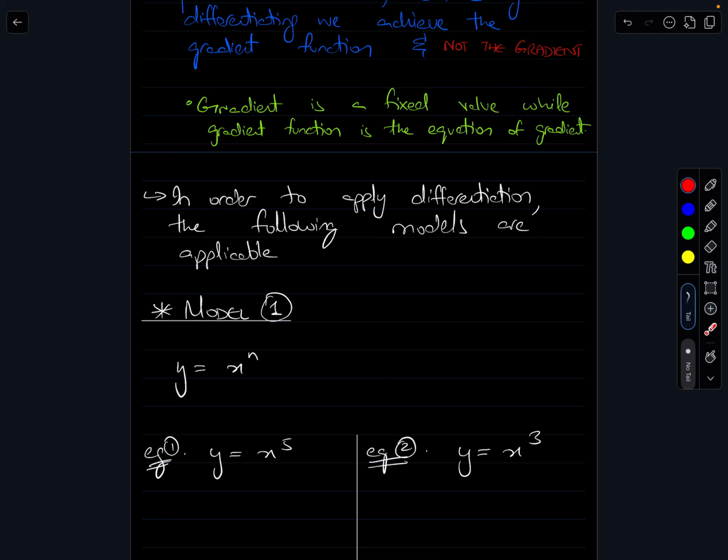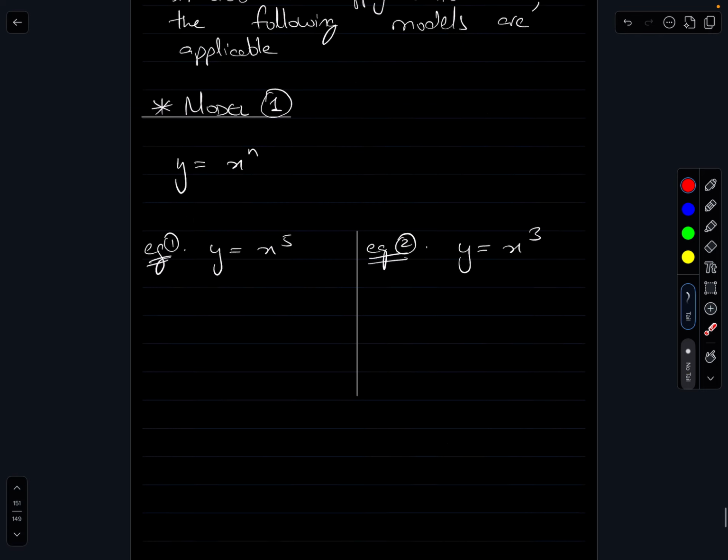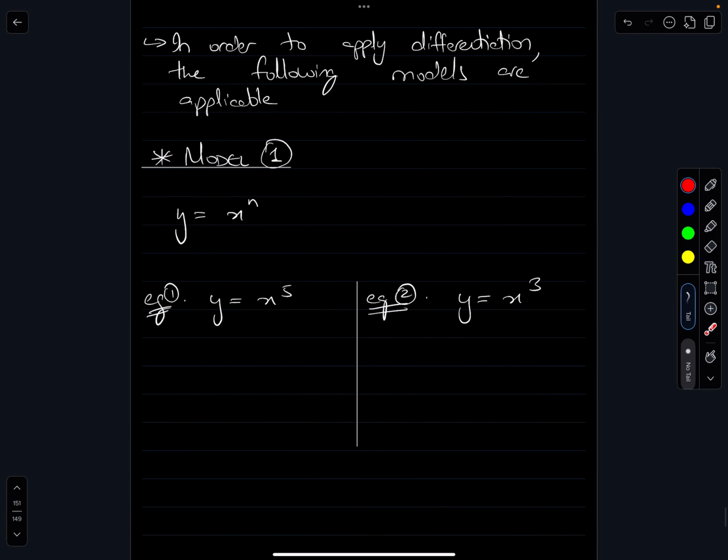Alright, so how exactly do we differentiate? For that, I'll cover this model by model. So the first model is simple: you need to bring down the power and subtract the power by 1. It's like a game. So dy by dx to represent the differential, bring the power down, reduce the power by 1. That's all we did.